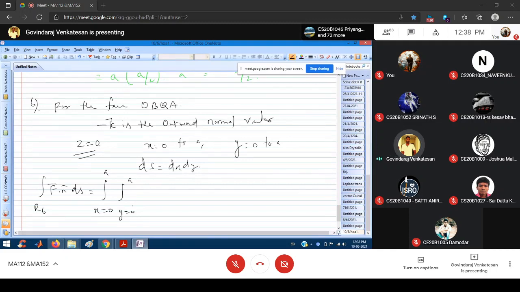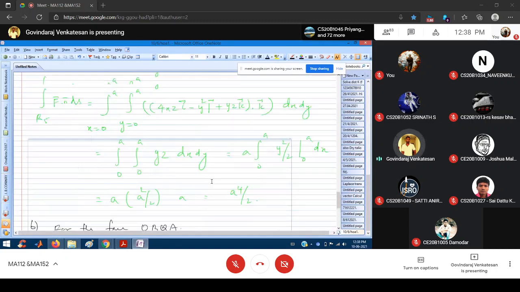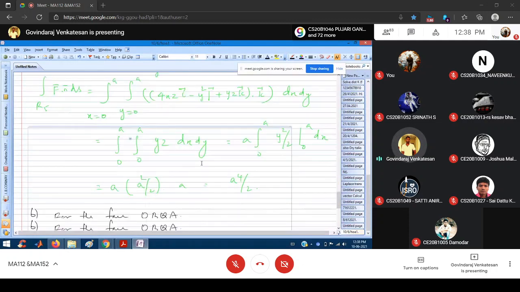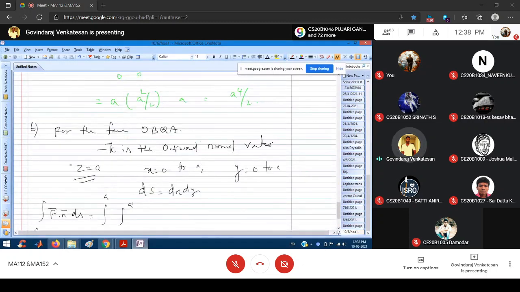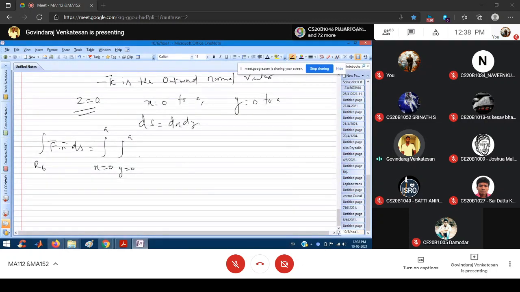Already we know the f dot product with plus k is nothing but yz. If we take the dot product with minus k, the value is minus yz into dx into dy. The value of z is 0 on R6, therefore the entire integral is 0.